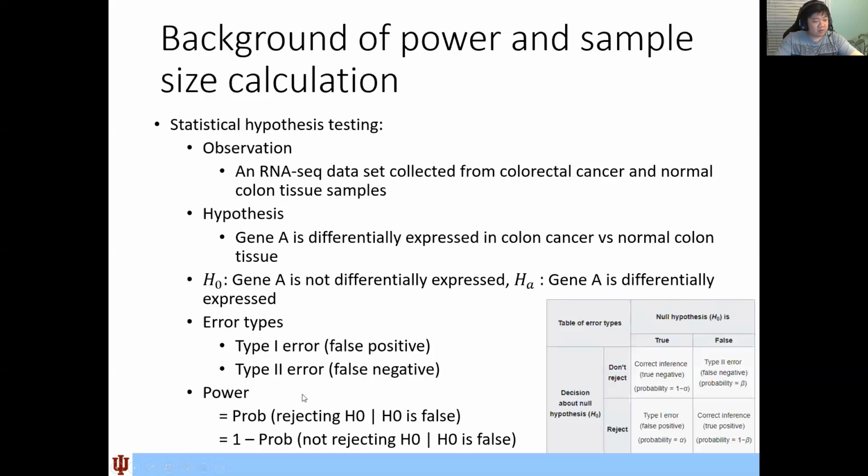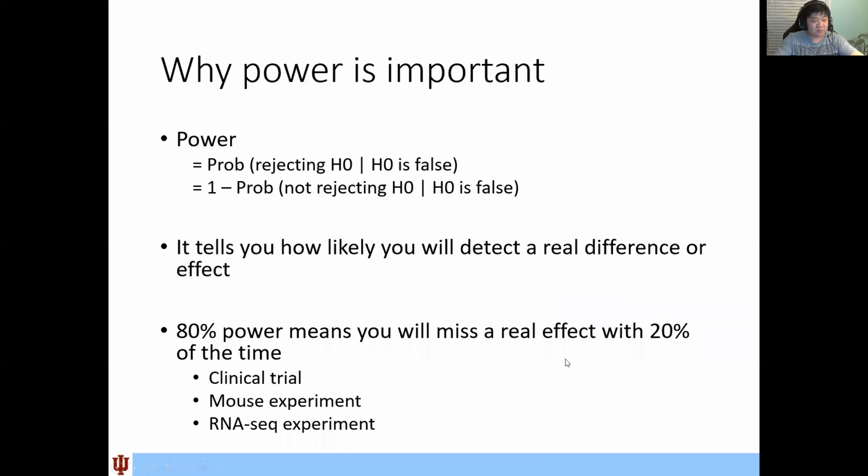So the statistical power of a statistical hypothesis test is the probability of rejecting H0 when H0 is false. That means it's a probability under the condition that the null hypothesis is false, and the probability of rejecting H0 makes a true positive inference, which is also equal to 1 minus the probability of not rejecting H0 when H0 is false, which means 1 minus the type 2 error.